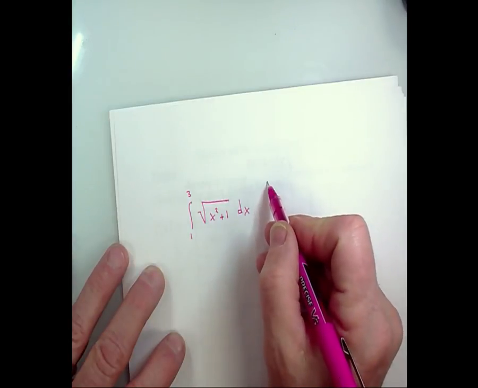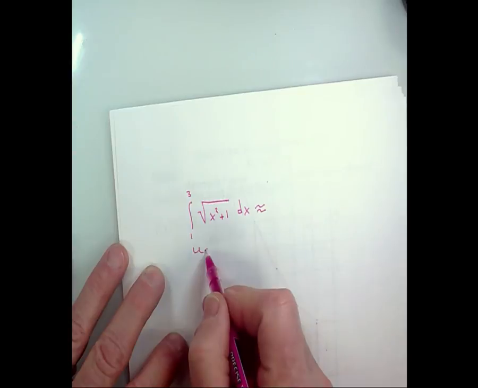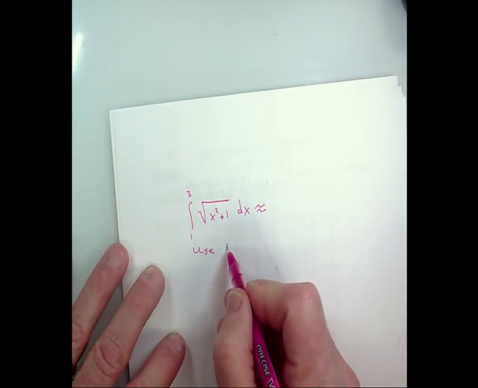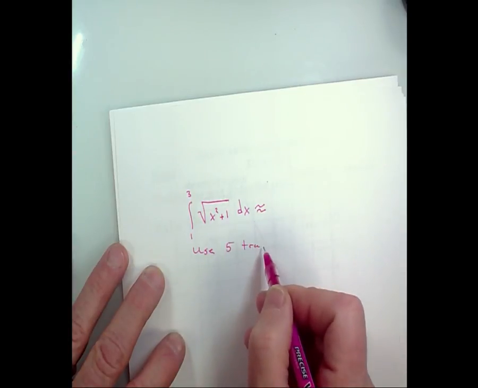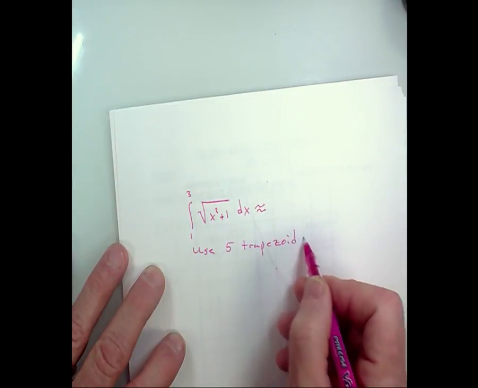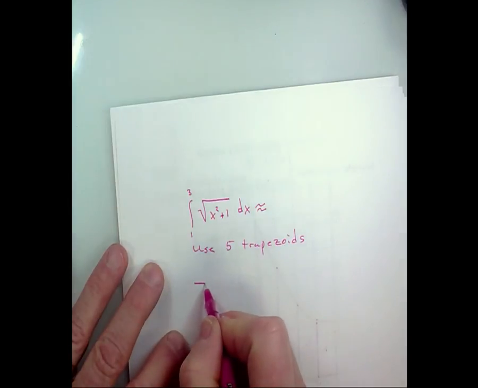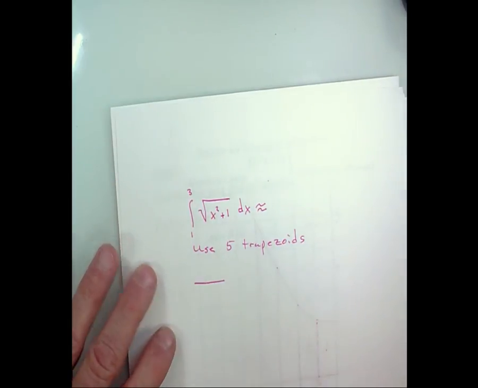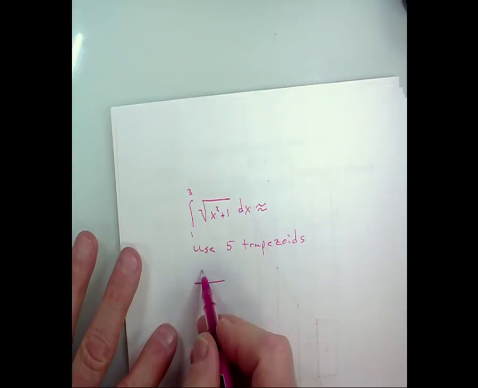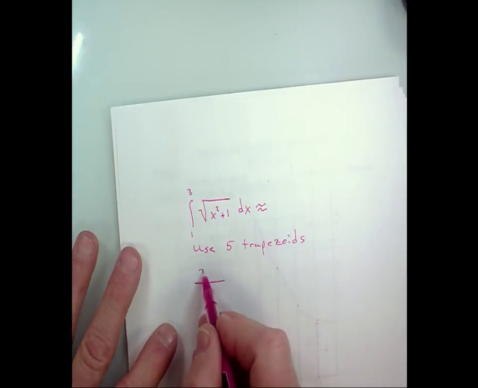Nick, what am I going to have on top here? 3 minus 1, perfect.